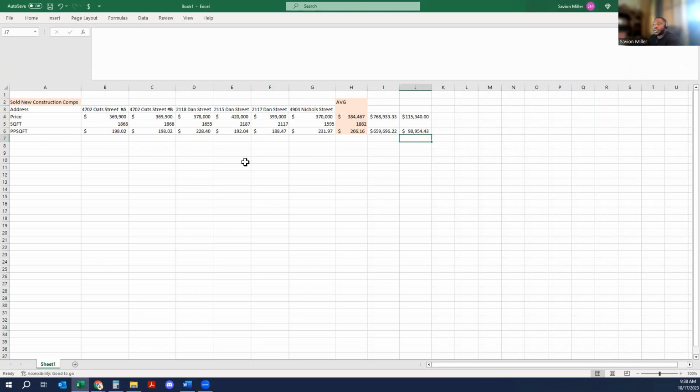Run your numbers based off of that. So let's say you were to change it, right? Based off of this, you could say, look, I think 370 is reasonable because I have 3 properties that sold for 370 and 1 sold for over 370. So let's go 370,000.